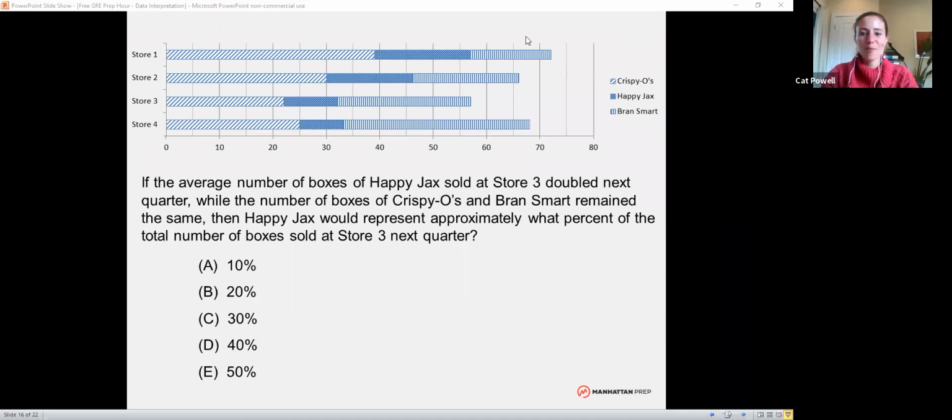All right, we have a pretty good consensus. So we have a percentage here. We're looking at store 3, and we need to say, Happy Jacks would represent what percent of the number of boxes sold at store 3?